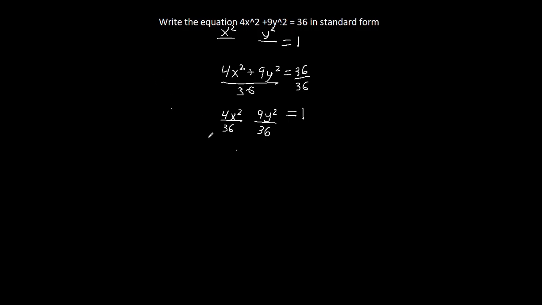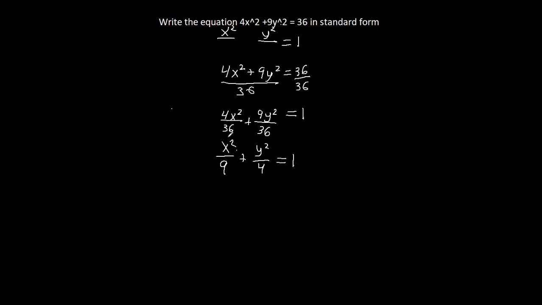So we would have x squared over 9 plus, and then if we do 9 into 36, we get y squared over 4, equals 1.